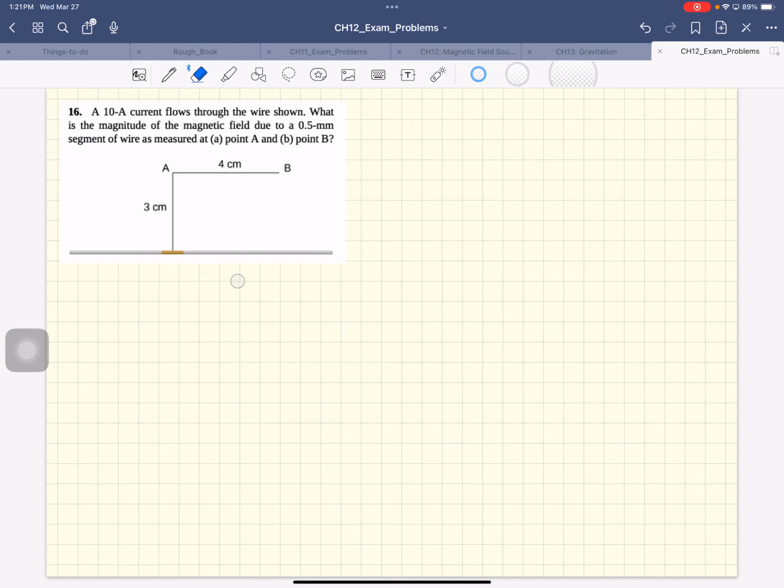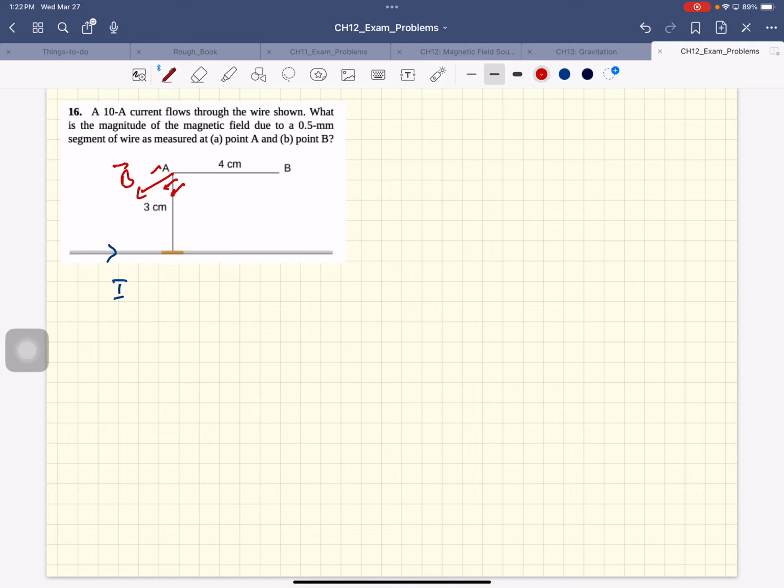All right, so let's say the current is like that and the magnetic field is coming out of the plane. This segment produces that magnetic field, and we're finding the field at that point. This segment produces the field in the same direction. All these segments produce fields in this direction.